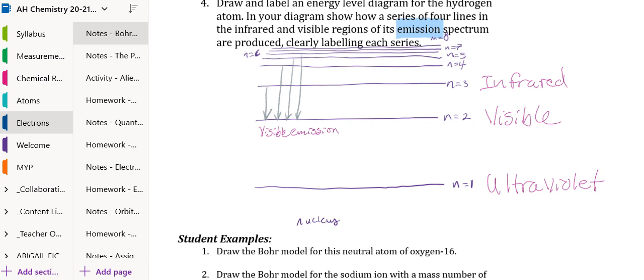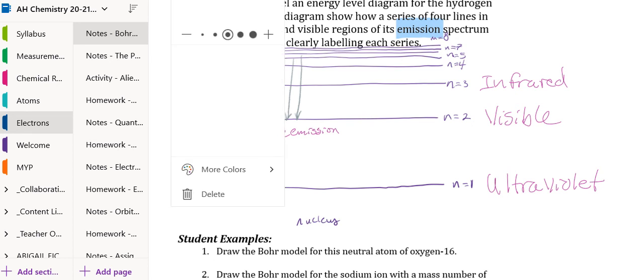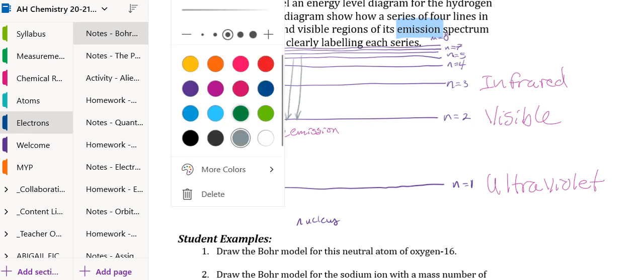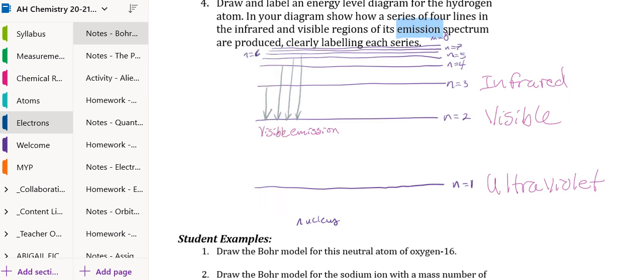What about infrared emission? Still, I'm going to land on the third energy level. So can I do fourth to third? That would be 1.